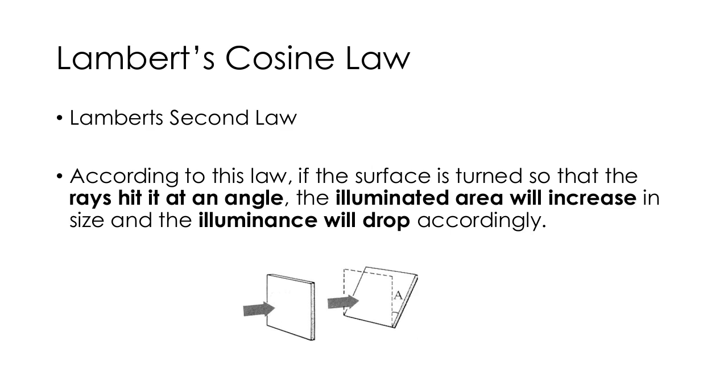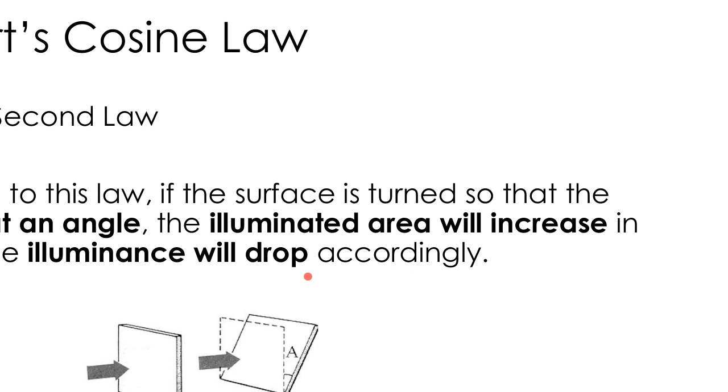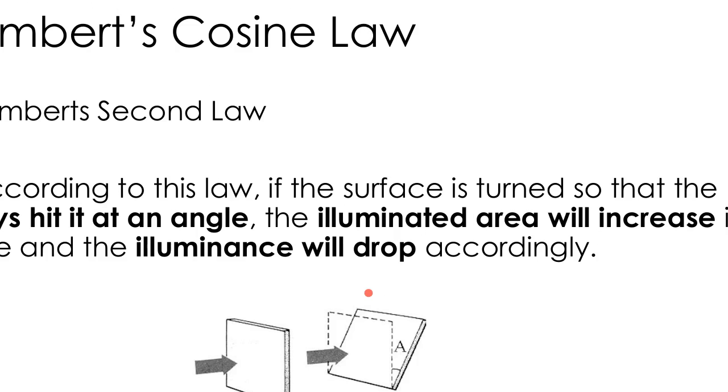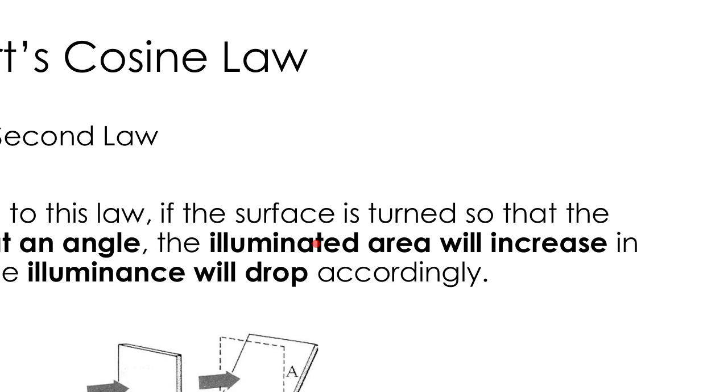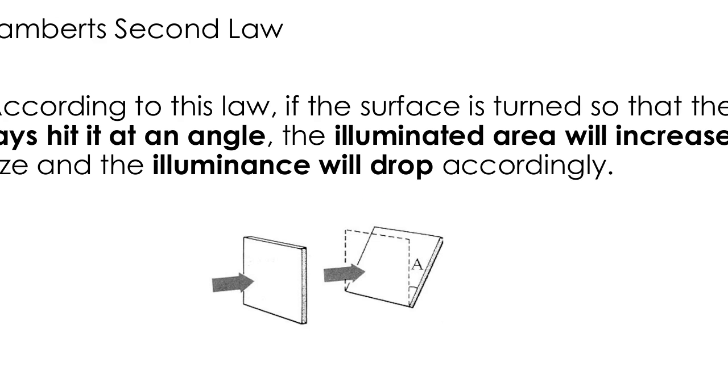Lambert's cosine law. According to this law, if the surface is turned so that the rays hit at an angle, the illuminated area will increase in size and the illuminance drops accordingly.